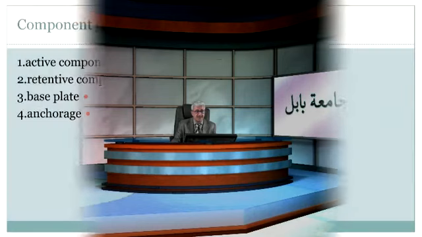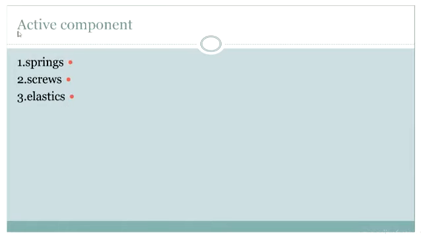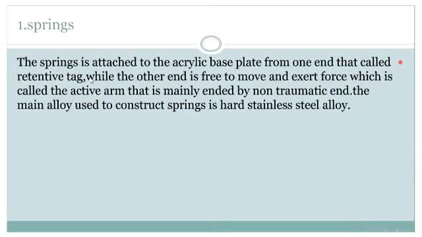The components of a removable appliance are the active component, the retentive component, the base plate, and the anchorage component. Active components are springs, screws, elastics, or a combination of others.